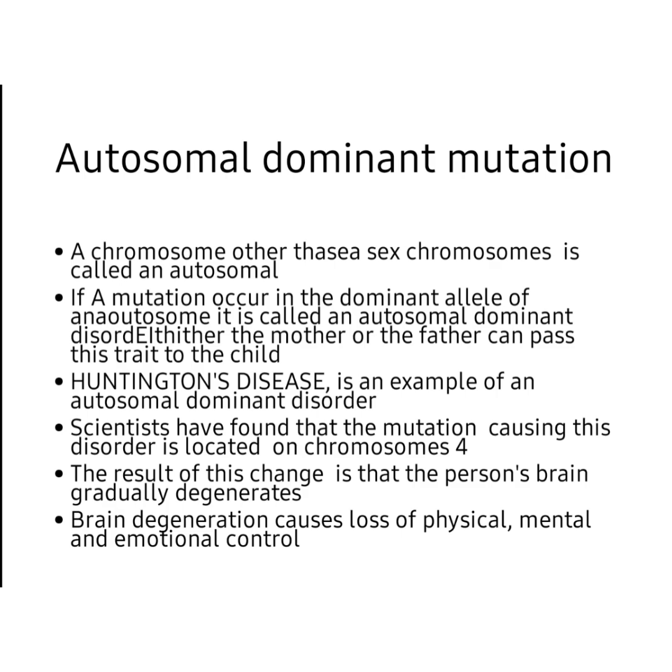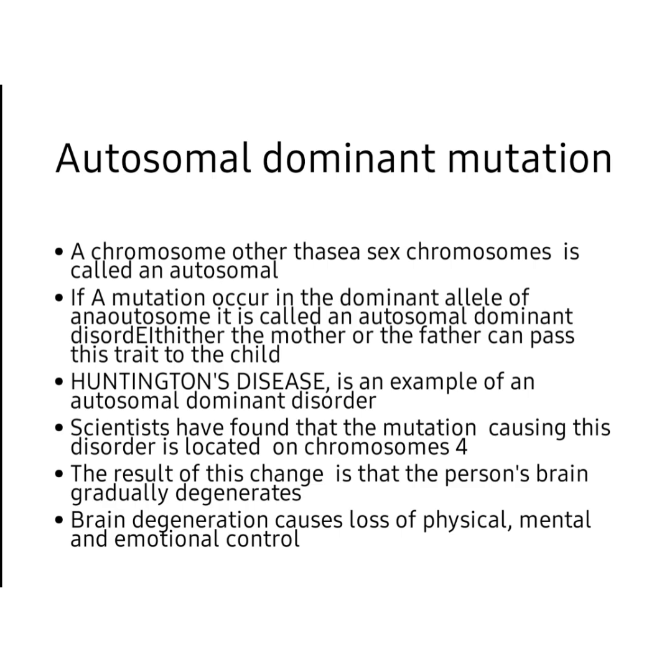If a mutation occurs in the dominant allele of an autosome, it is called an autosomal dominant mutation. Huntington disease is an example of an autosomal dominant disorder. Scientists have found that the mutation causing this disorder is located on the chromosomes.